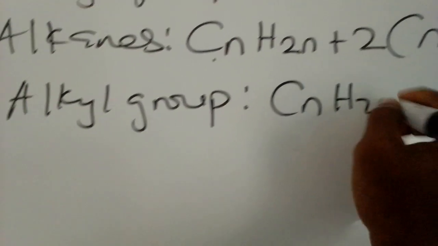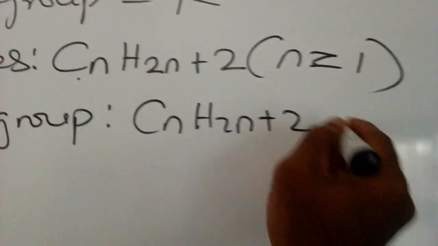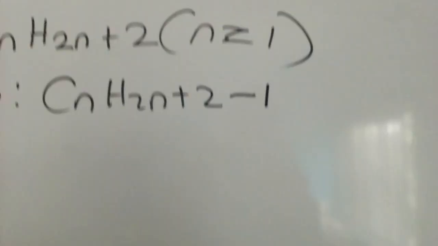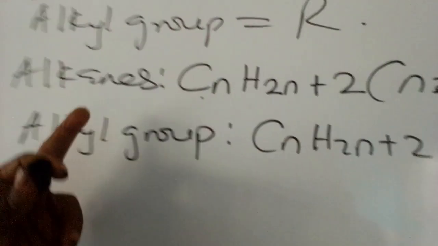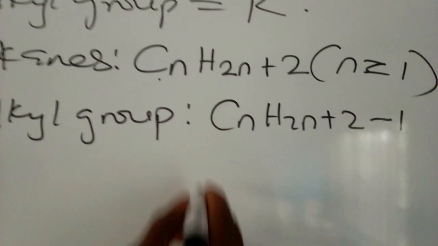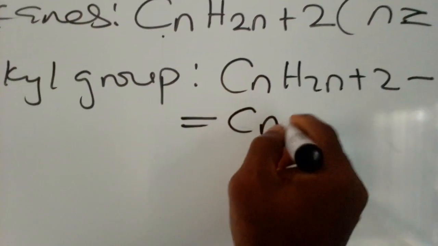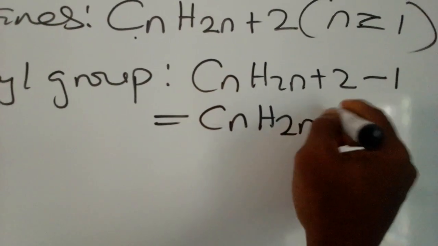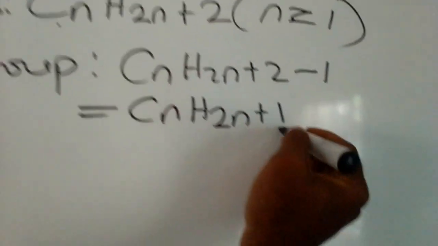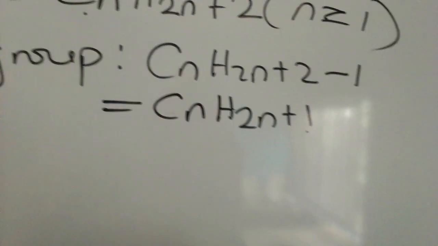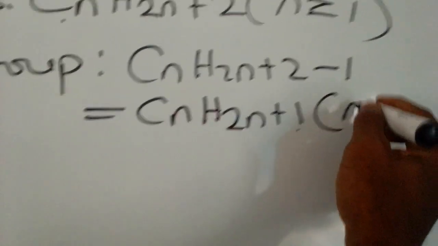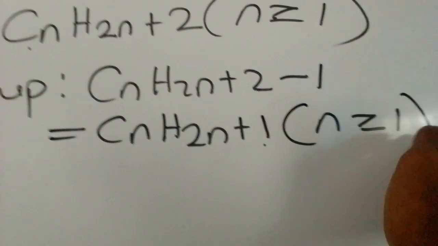We now have CnH2n+2, the formula of the alkane, minus 1. Since the form went by alkane losing one hydrogen atom, we're now going to have CnH2n+1. But 2 minus 1 gives us 1. And also start with carbon number 1, just like the alkane.